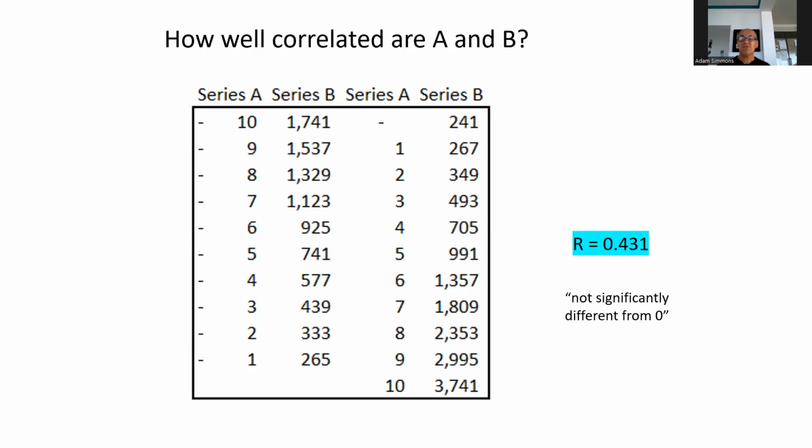If you just do a bog standard correlation calculation, then you get an R of 0.43. And in fact, that just fails the significance test from the previous slide. So we would draw the conclusion that the correlation between these two series, A and B, is not significantly different from 0.